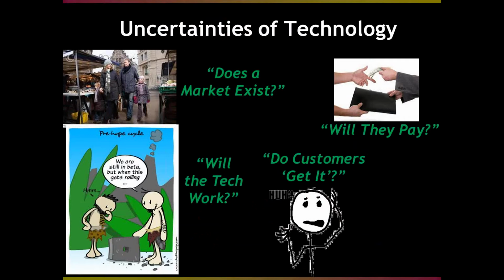Will they understand it fairly quickly, or is there going to be a very long sales cycle of getting them to understand what it is that you're offering to the marketplace? And then, will they actually pay money? In some cases they won't. We've got this phenomenon going on of premium versus freemium.